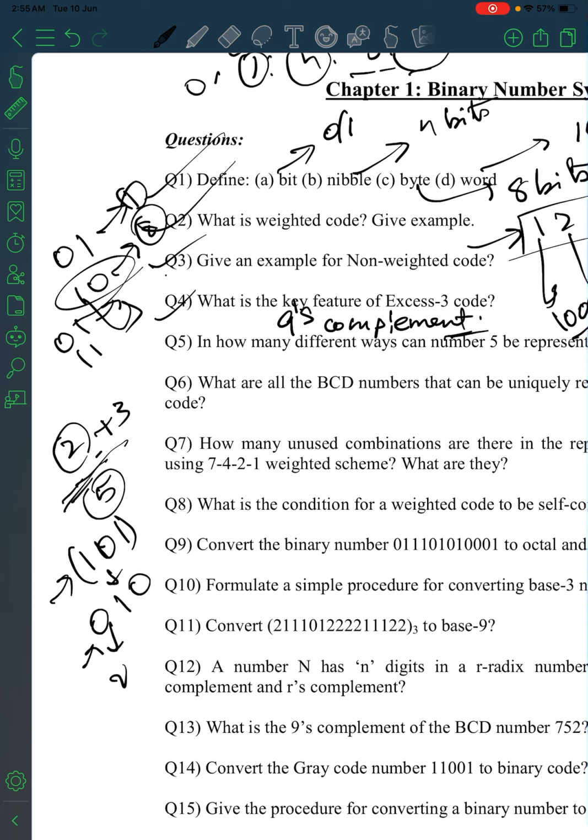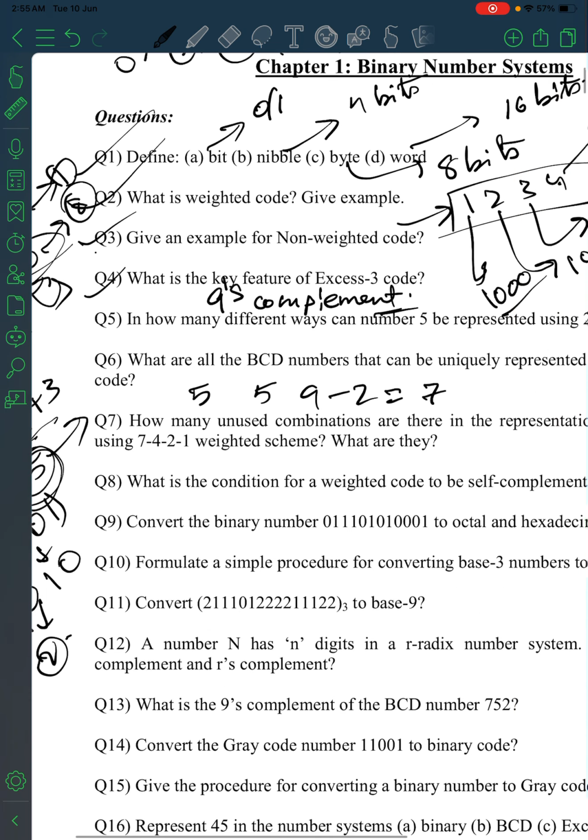So it is 2. So if you replace the 5 with the 9, then what we'll be getting is 5 with the 2. 9 minus 2 is equal to 7.